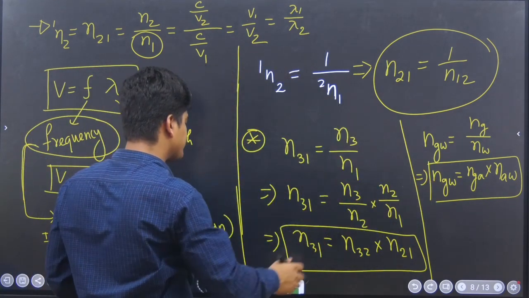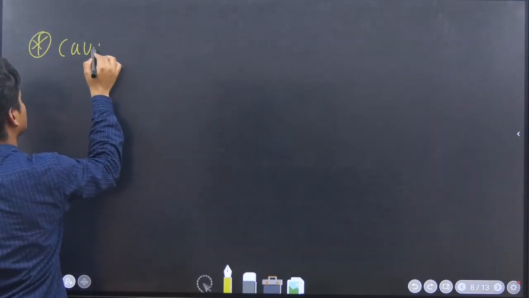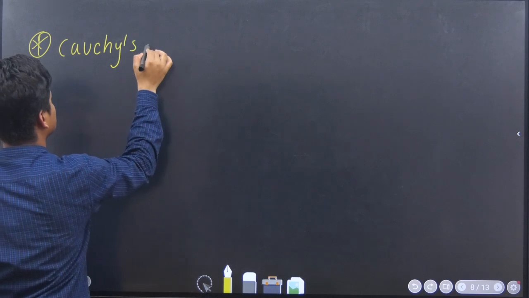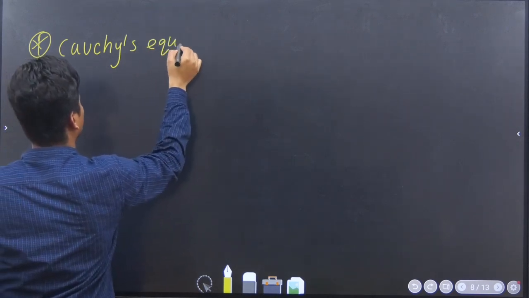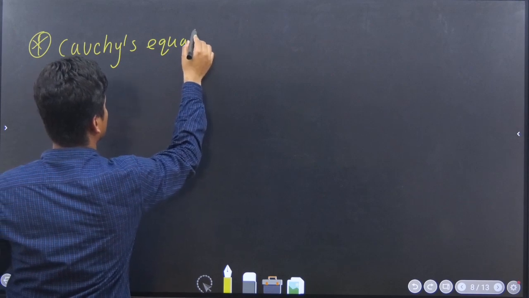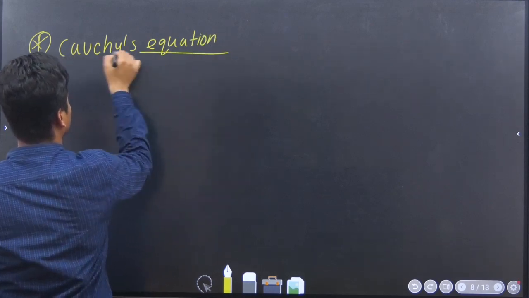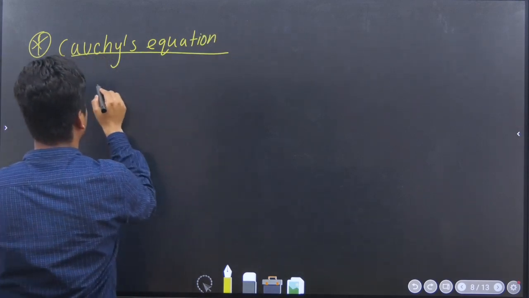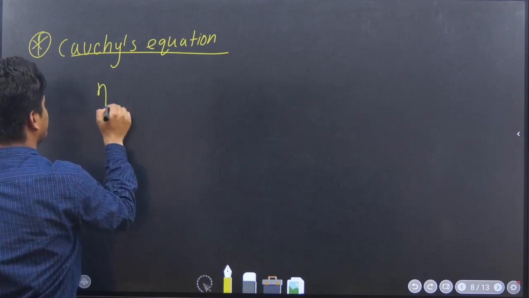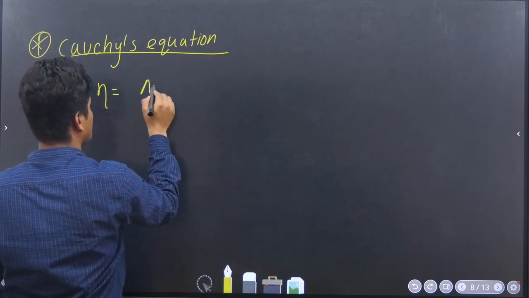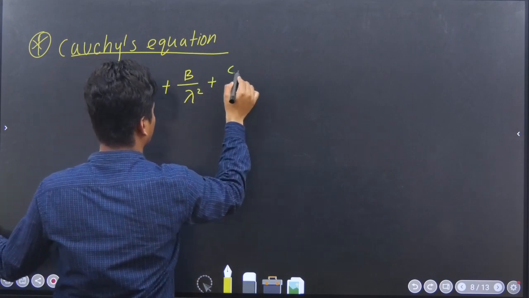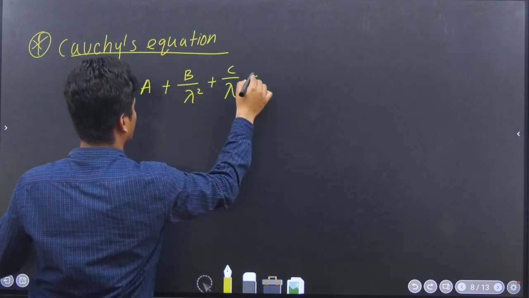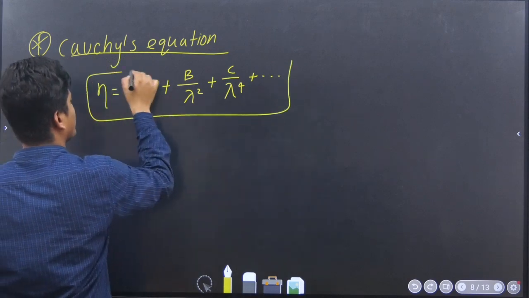Now some questions we will see under this. Now a further point to understand here: Cauchy's equation. So what does this equation tell? Refractive index eta is nothing but A plus B by lambda square plus C by lambda fourth plus so on.